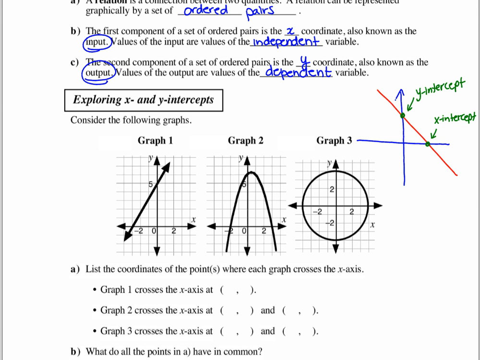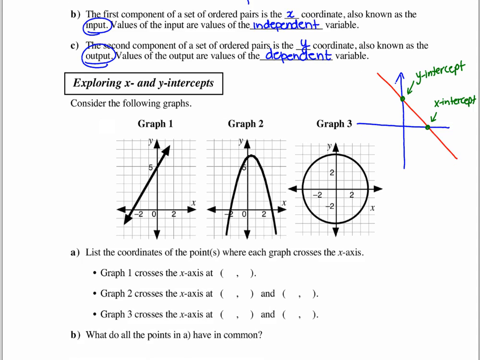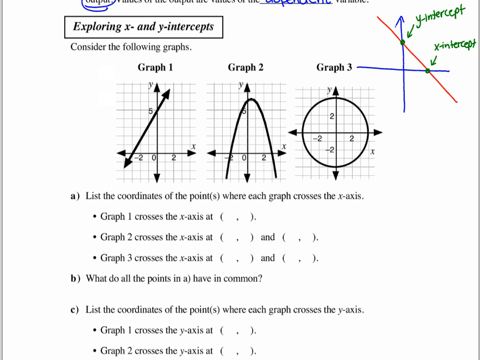Okay. So we're going to learn how to determine your x and y intercepts algebraically today, as well as graphically. Graphically is easy because we can look at it. So in graph 1, where does it cross the x-axis? At what coordinate? -3, 0.